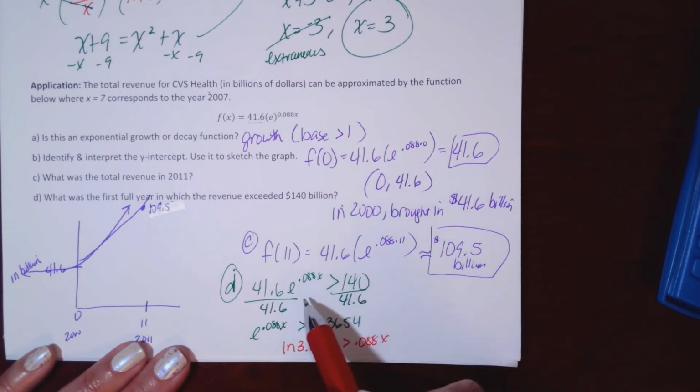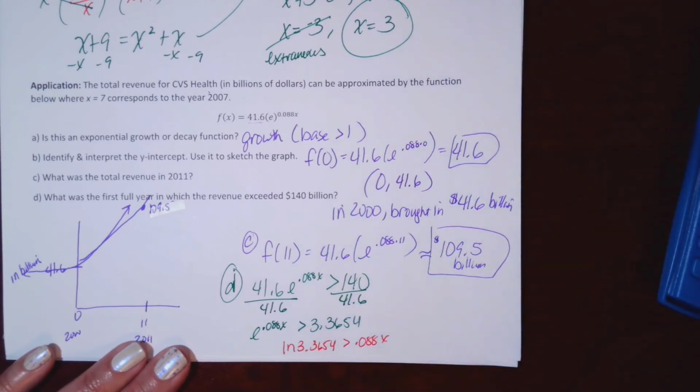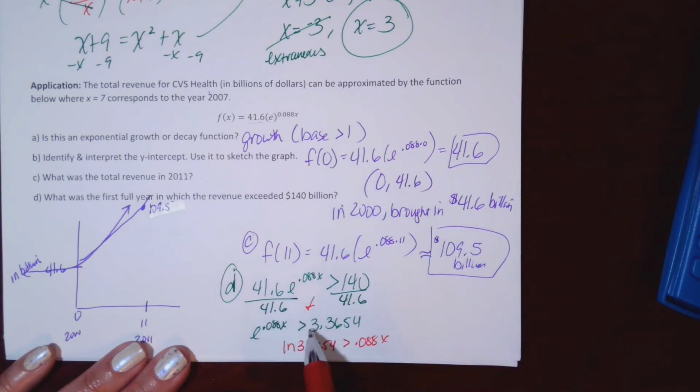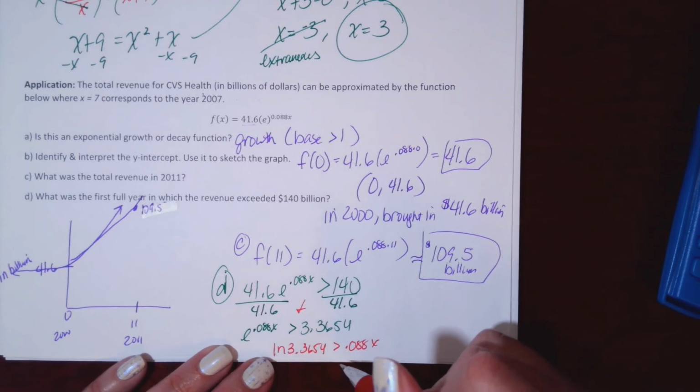Oh, no, wait, I think that's going to need to be this. No, I think we're okay. We'll check it out when we get to the end, see what makes sense.